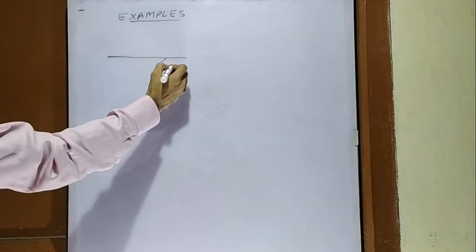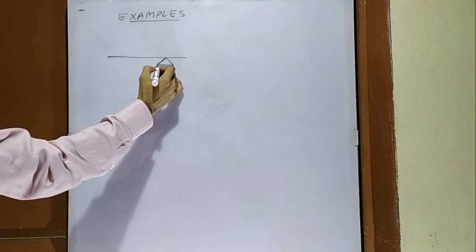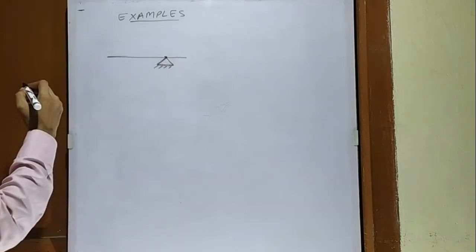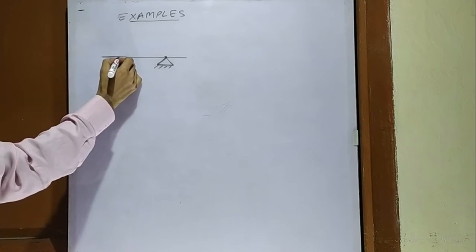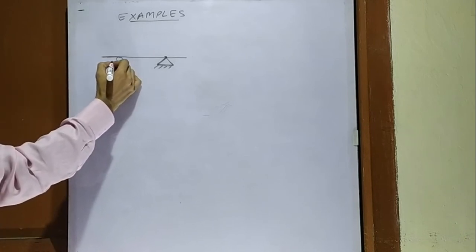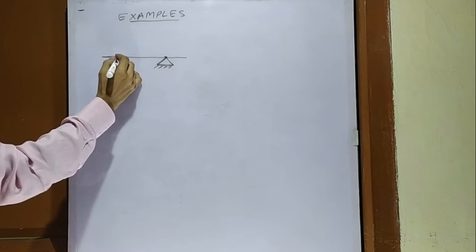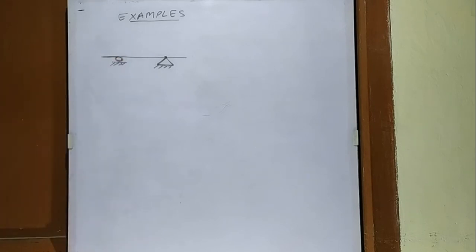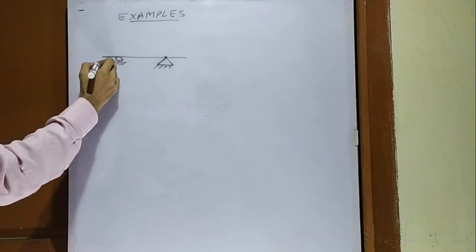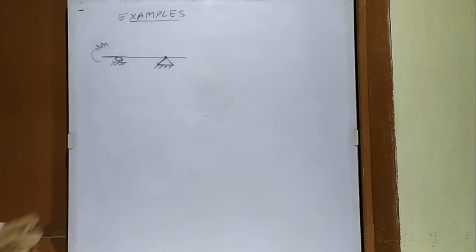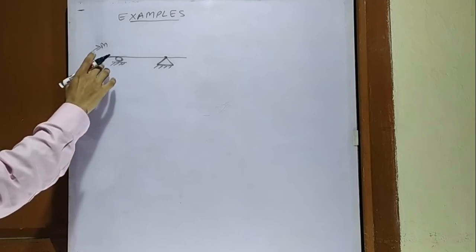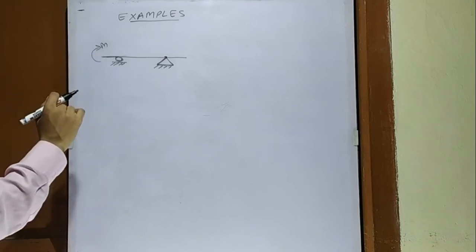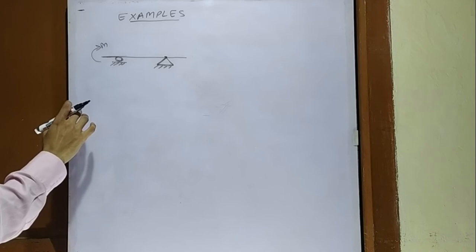The beam is pin supported at this point, and here the beam is roller supported. Now if we apply a moment at this point, this moment will try to change the shape of this beam and the beam will be deflected under this loading.